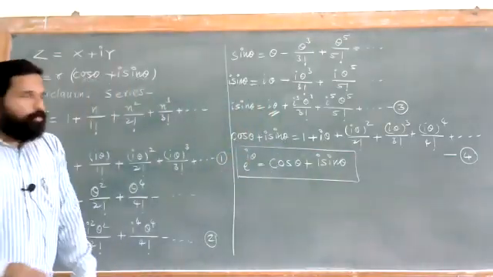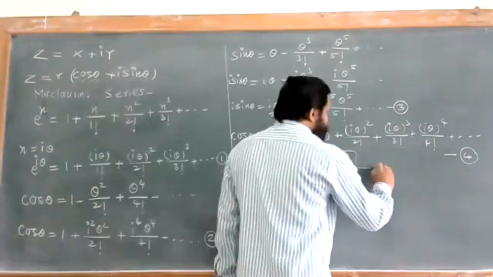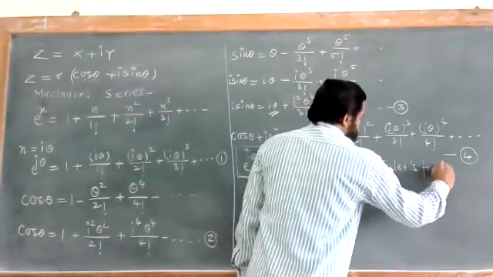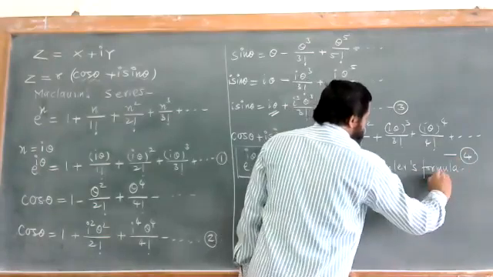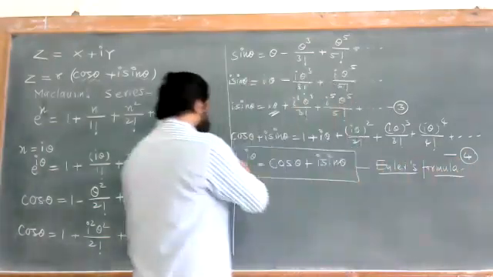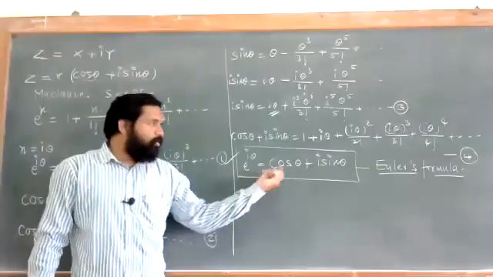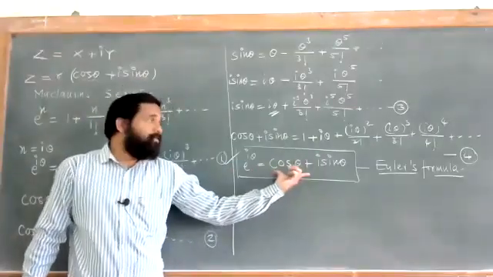This is a formula which is known as Euler's formula. So you can just remember this condition, that is e raised to i theta is equal to cos of theta plus i sin of theta.